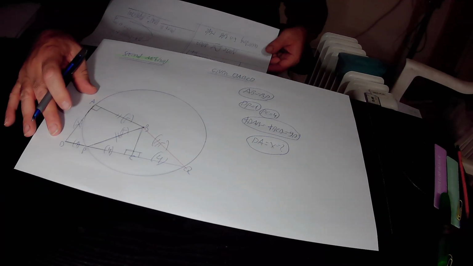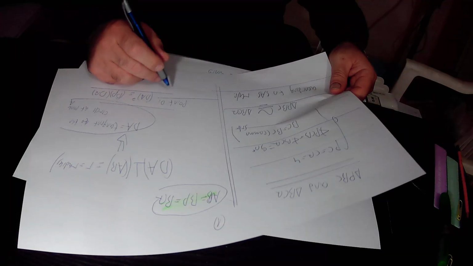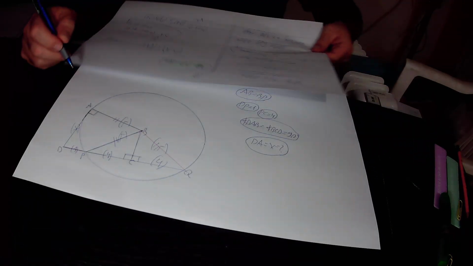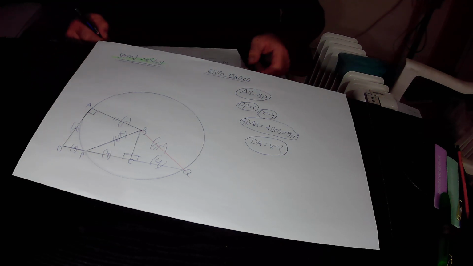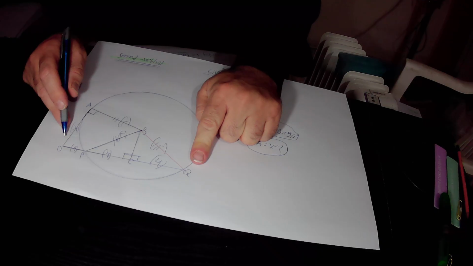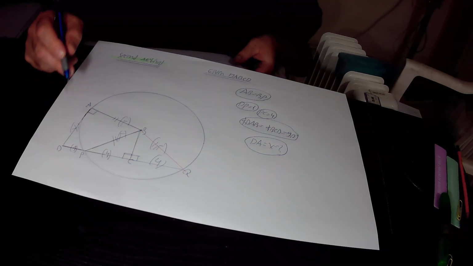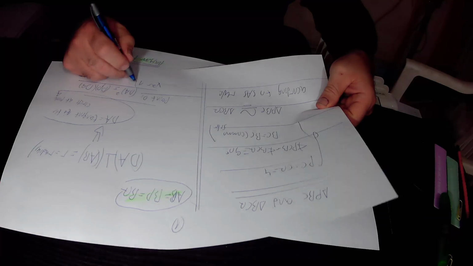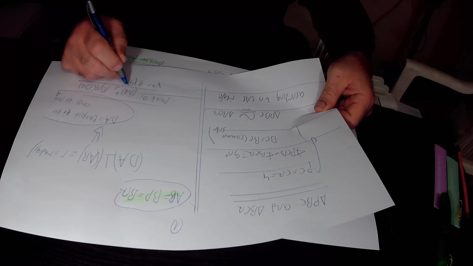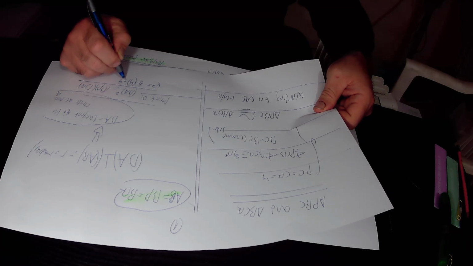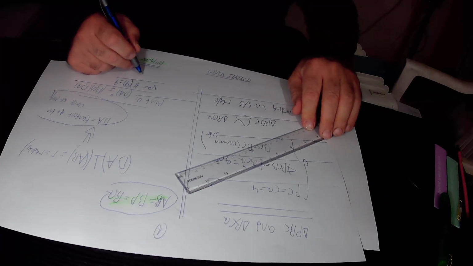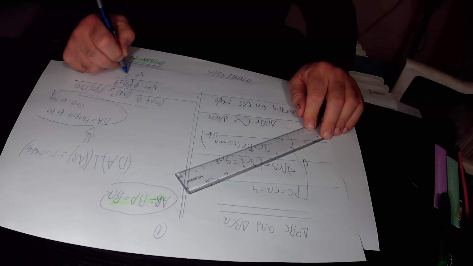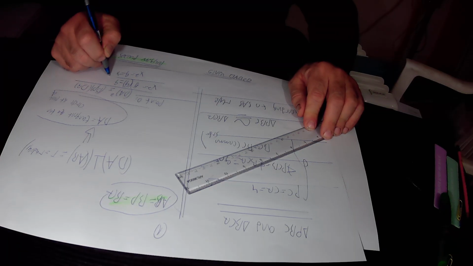DA is x, therefore DA squared is x squared, and it equals DP, which is 1, times DQ. DQ in total equals 1 plus 4 plus 4, that is 9. So x squared equals 1 times 9, that is 9. Taking the square root, x equals the square root of 9, that is 3.